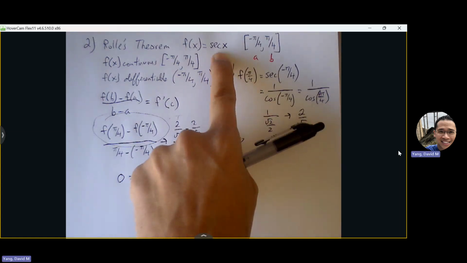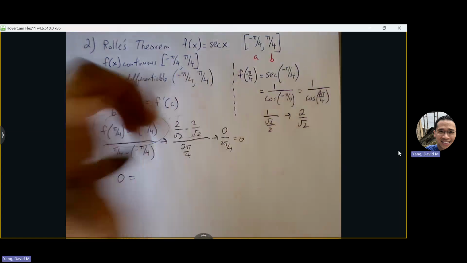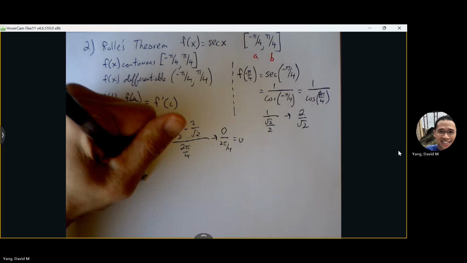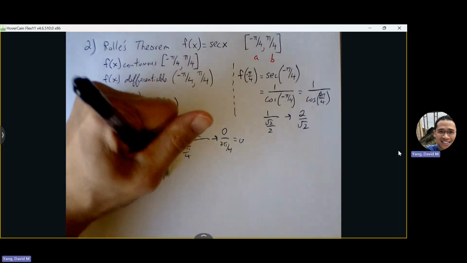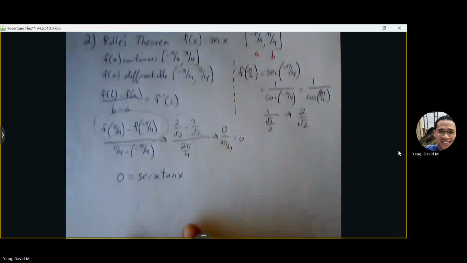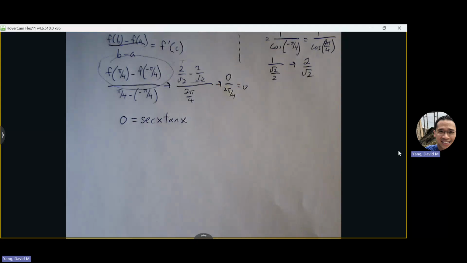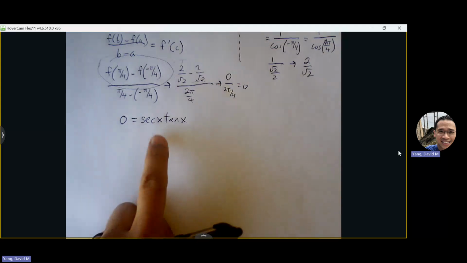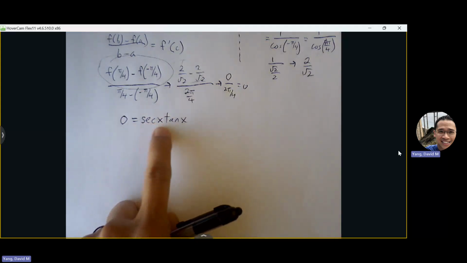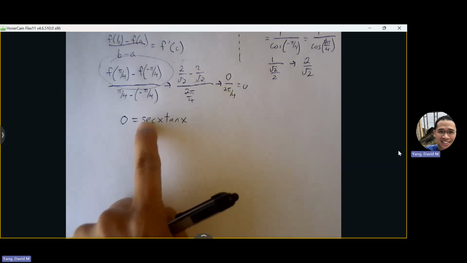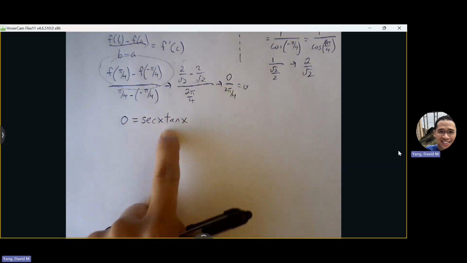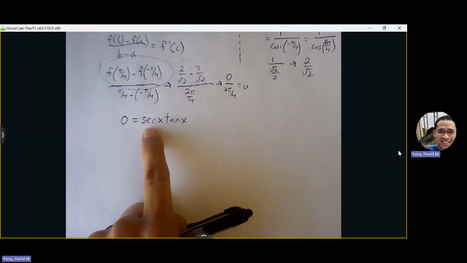Now I just have to find my derivative. Secant becomes what? Secant tangent, right? So I want to know, where is secant tangent equal to 0? Now, anytime I'm setting something equal to 0, eventually we're going to get some numerator and denominator show up because we like to work in terms of sine and cosine.